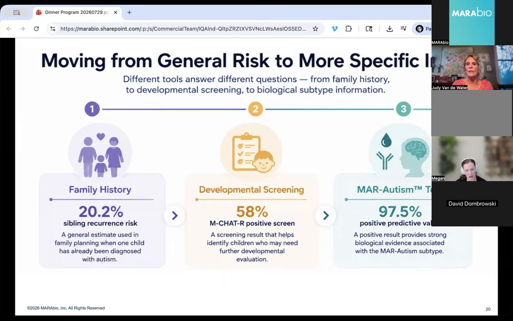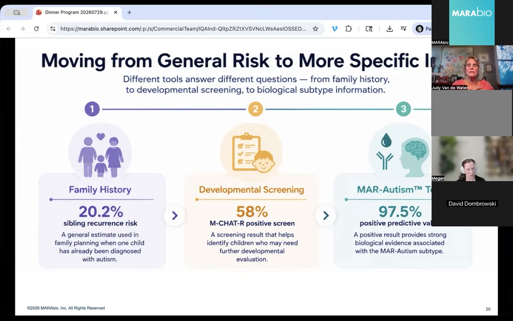Now, in these scenarios, if the mother was to receive the test and have a positive result on the MAR autism test, so one or more of those high risk combinations that I showed on the previous slide were detected, that risk now goes up to 97.5% for that family.